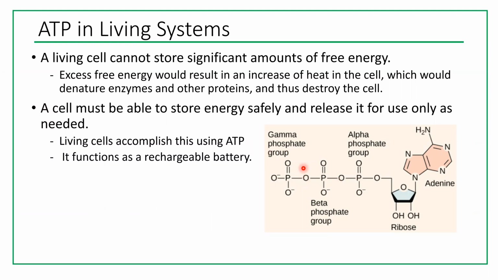Now, when this last phosphate group is removed from the ATP molecule, ATP becomes ADP, adenosine diphosphate, and when the chemical bond is broken, that energy is used for cellular processes, right? So let's take, for example, you.